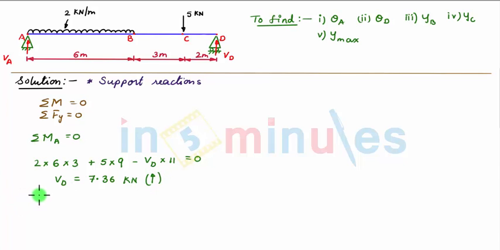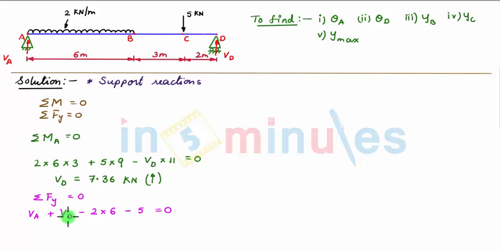Now applying the next static equilibrium equation, that is summation of Fy equal to 0, that is summation of all vertical forces equal to 0. Our sign convention is all upward forces positive and downward forces negative. So we have VA plus VD minus this force, which is 2 into 6, and minus this downward force, which is 5, equal to 0.